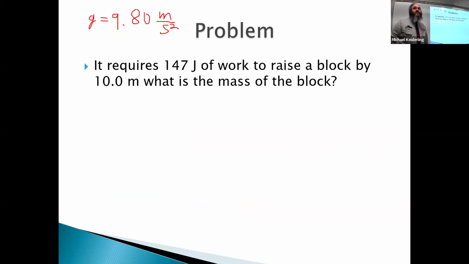So it requires 147 joules of work to raise a block by 10 meters. What's the mass of this block?